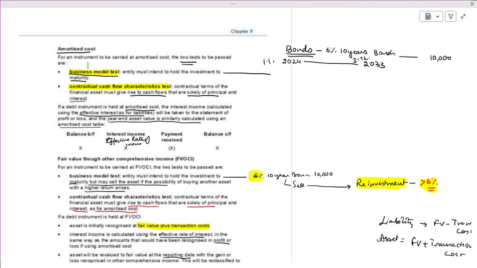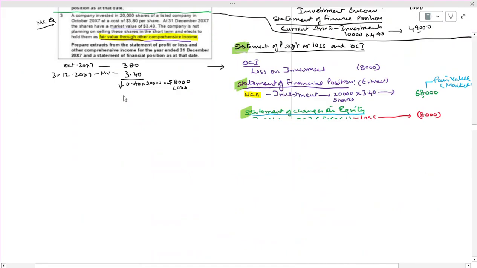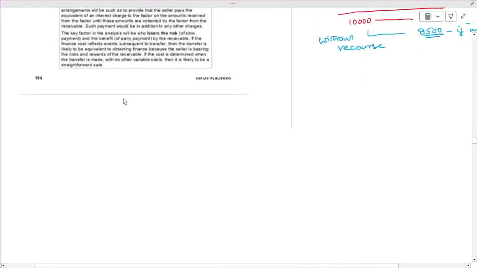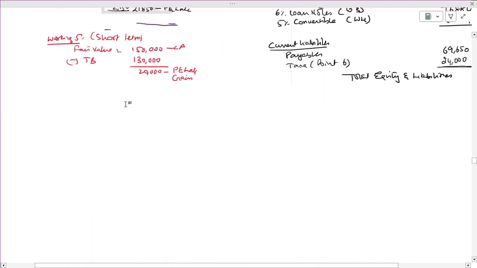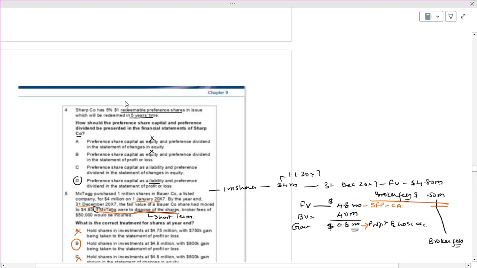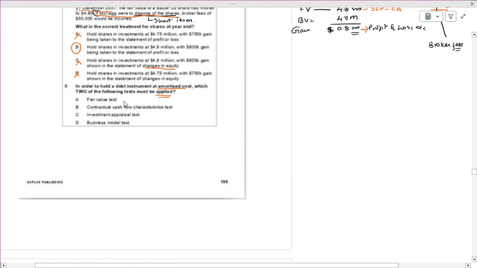I will go back to the text and refer to it. This is what we have covered, and these are the answers. The answer is the business model test B and the contractual cash flow characteristic. Are you clear about this?